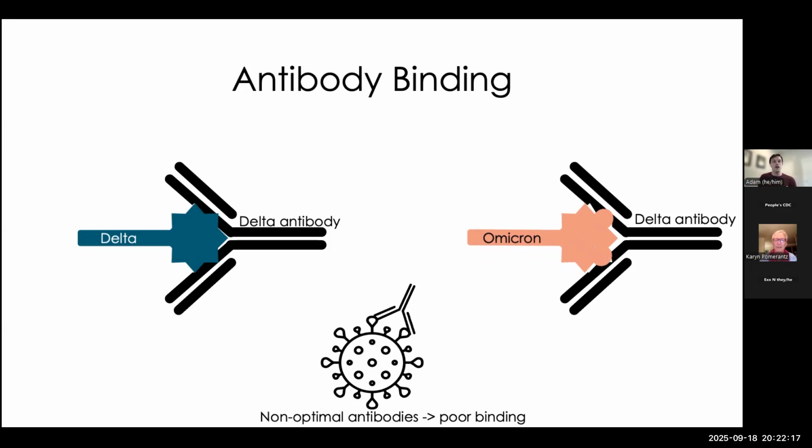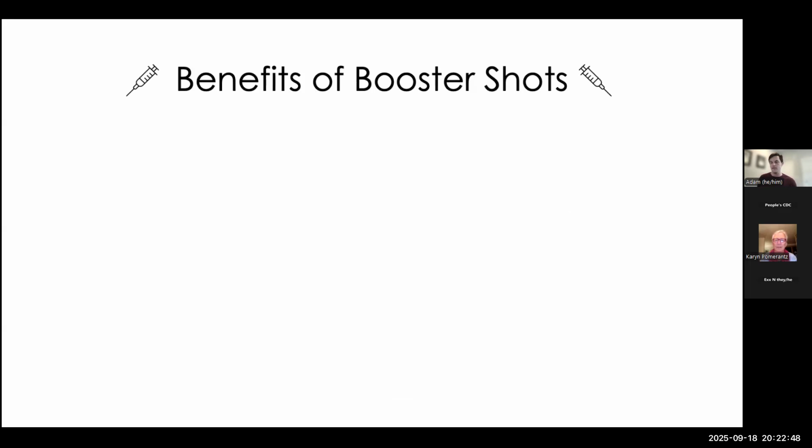And so when you have non-optimal antibodies, there's a chance for poor binding, and the antibody may not even actually stay attached to that virus, which means that virus can still invade your cells and make copies and continue making you sick and causing damage. And so, getting these updated antibodies to more accurately and more effectively bind to a variant you might be exposed to is a big benefit of getting booster shots.